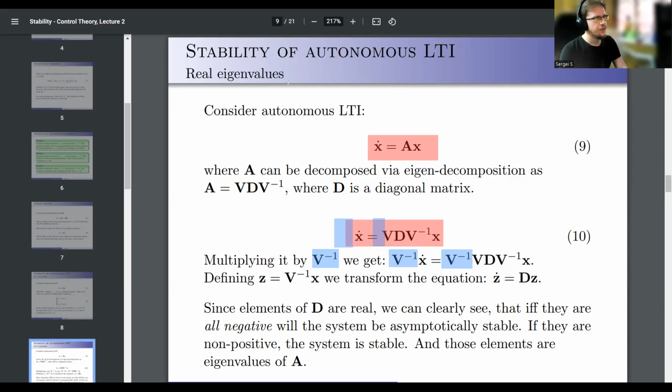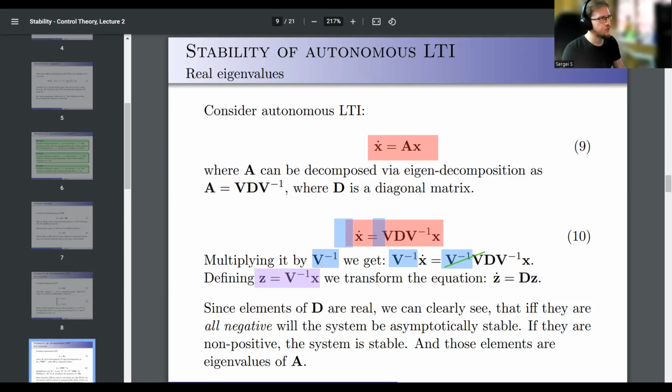Next step, we see that we can cancel some of the terms. This cancels: V inverse times V is identity. Next, we will define a new variable. The new variable will be Z equals V inverse X. Just a definition.